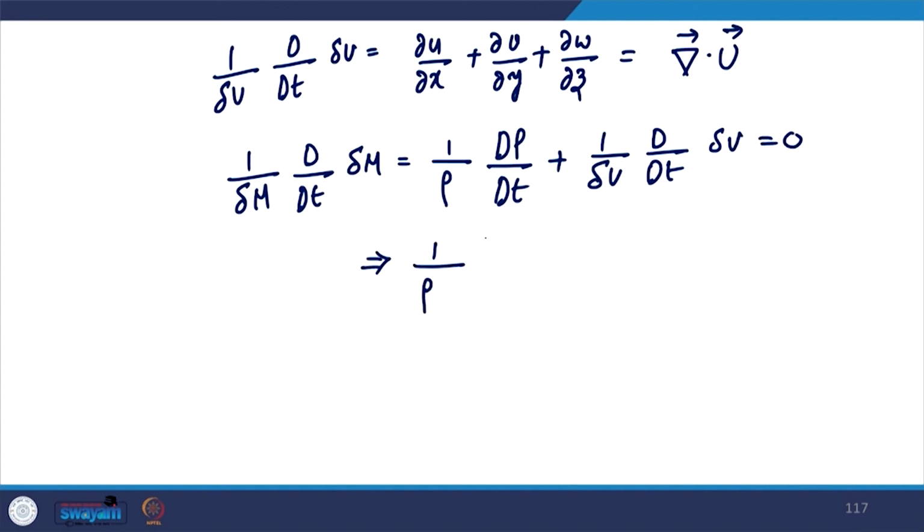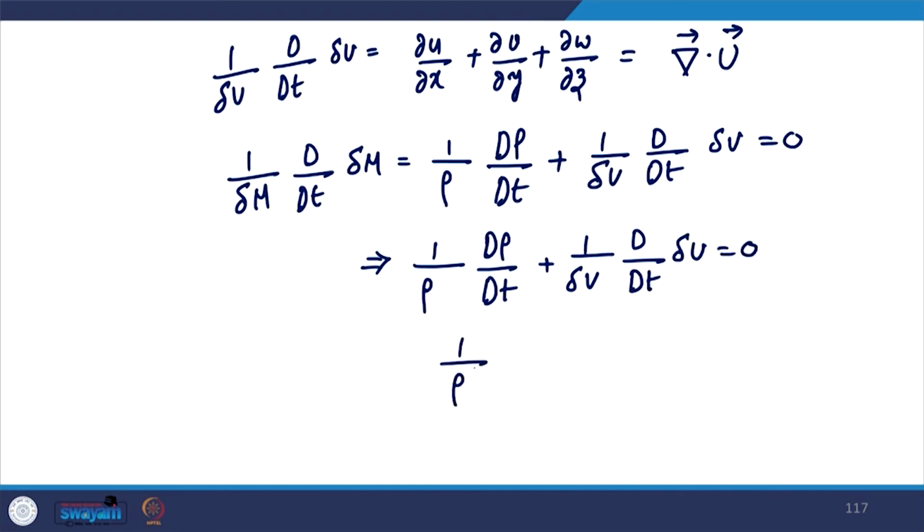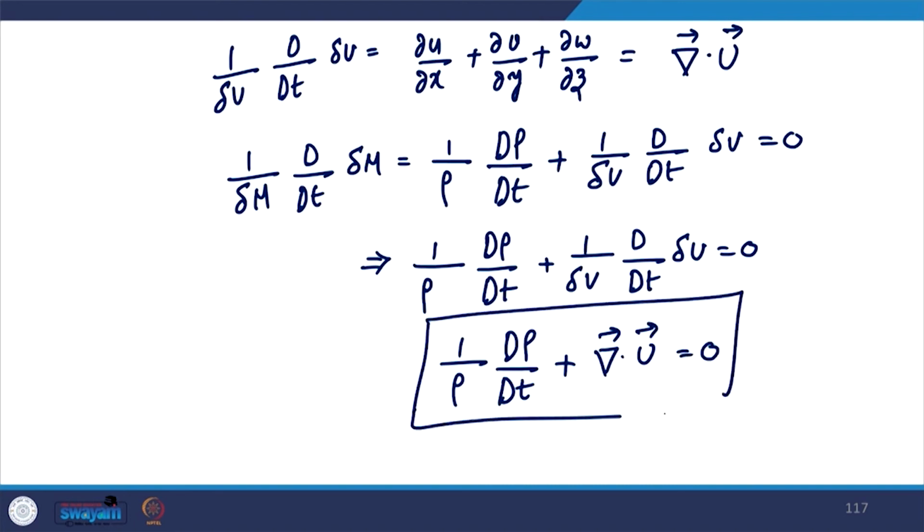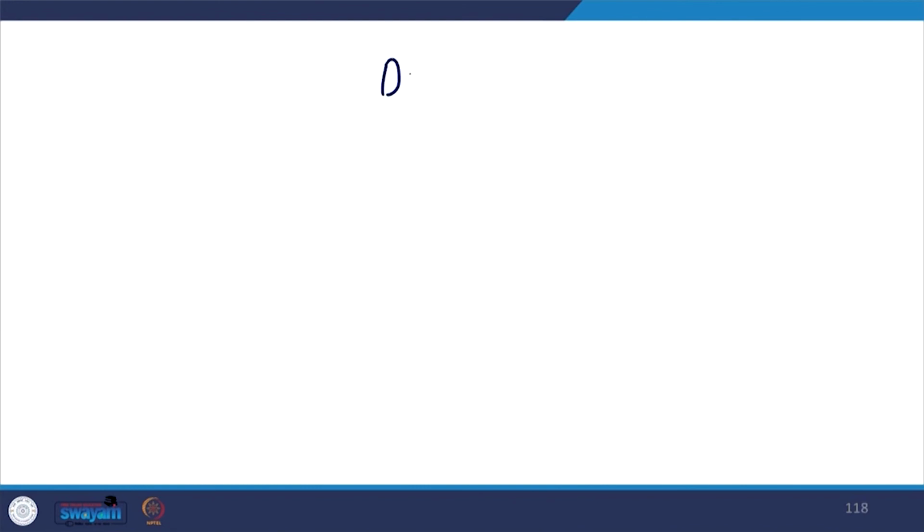Right. So, 1 by rho d rho by dt plus del dot u is equal to 0, or we can write it in a familiar form that we can easily remember. The rate of change of density is equal to minus rho times del dot u.